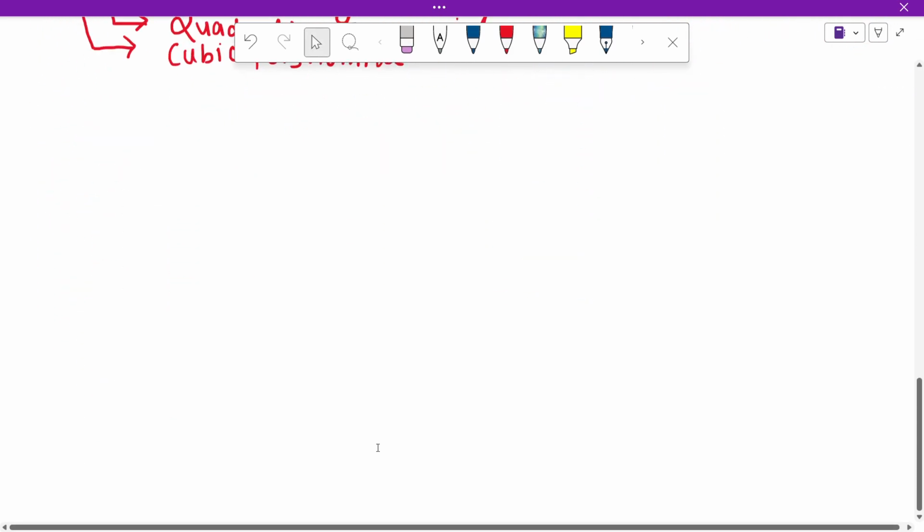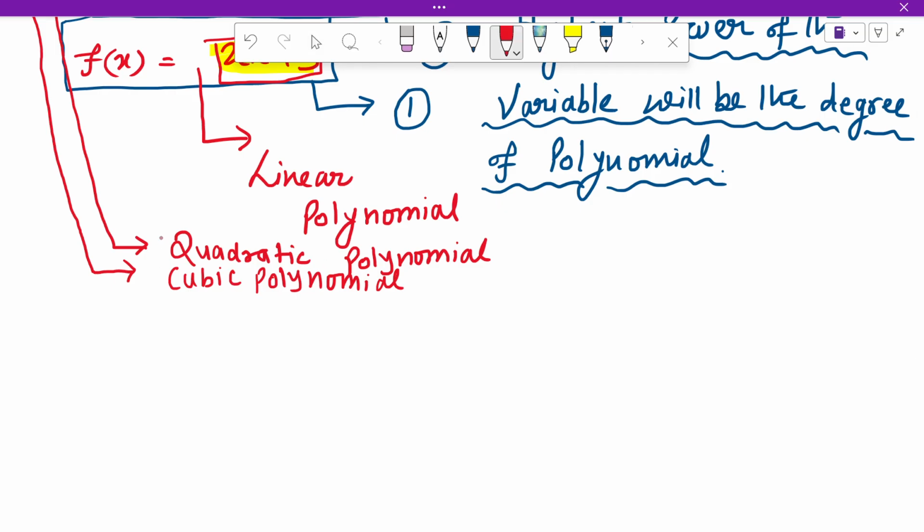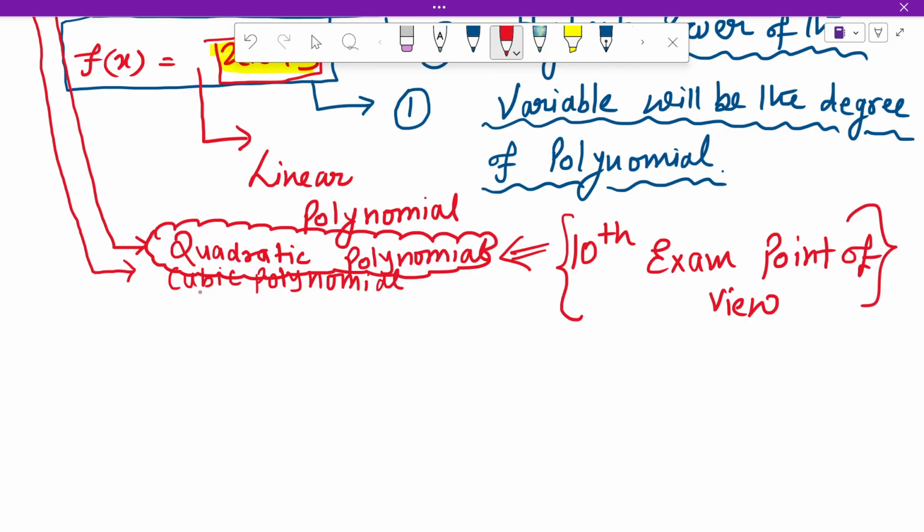From our 10th standard point of view, you are supposed to study only the quadratic polynomial. From the 10th exam point of view, you are only required to study the quadratic polynomial.